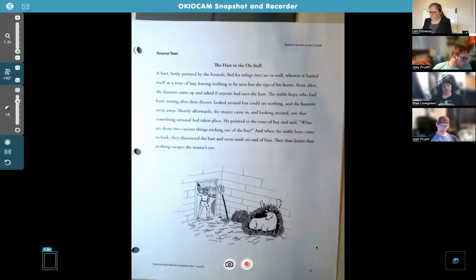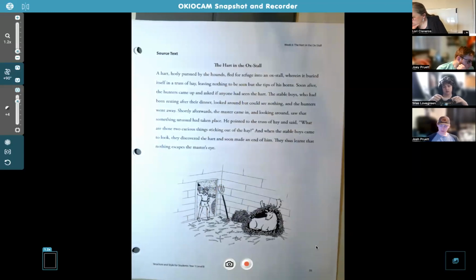A hart, hotly pursued by the hounds, fled for refuge into an ox stall, wherein it buried itself in a truss of hay, leaving nothing to be seen but the tips of his horns. Soon after, the hunters came up and asked if anyone had seen the hart. The stable boys, who had been resting after their dinner, looked around but could see nothing, and the hunters went away.